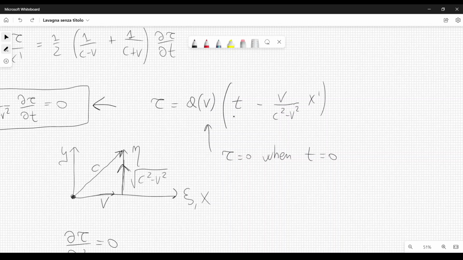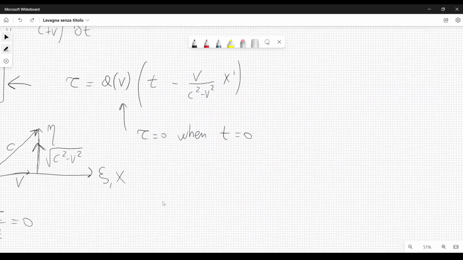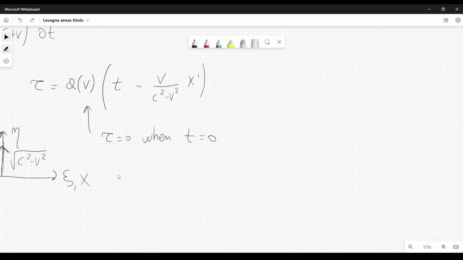For a ray of light emitted at time tau equal to 0 in the direction of increasing xi, we have xi equal to c times tau. It's very easy to understand this, because the velocity of the light ray, c, times time, measured according to that frame of reference, gives us the coordinates along which the light ray is propagating. So we are assuming that the light ray is propagating along xi.